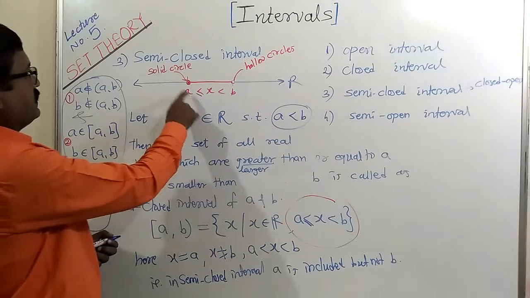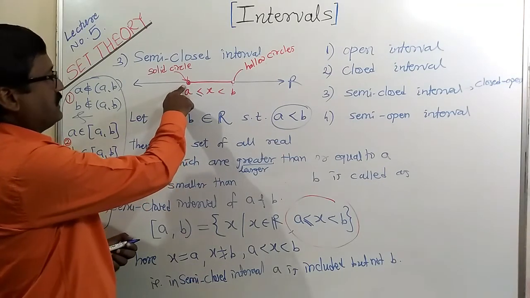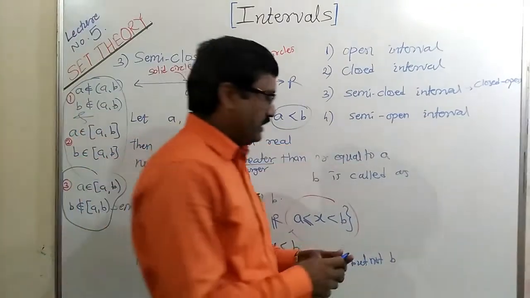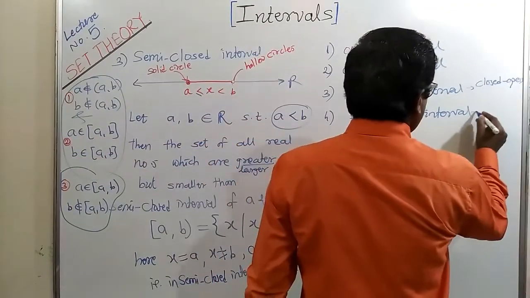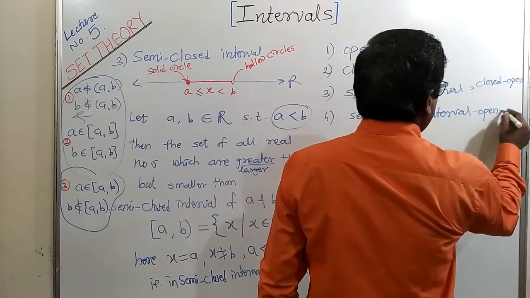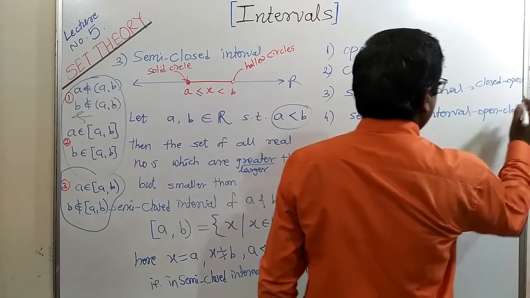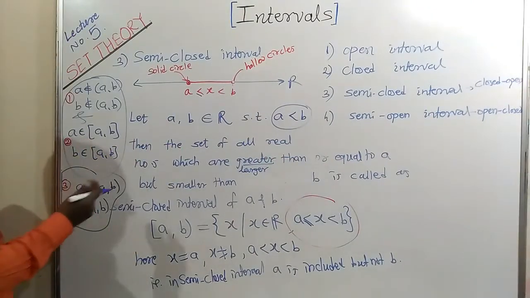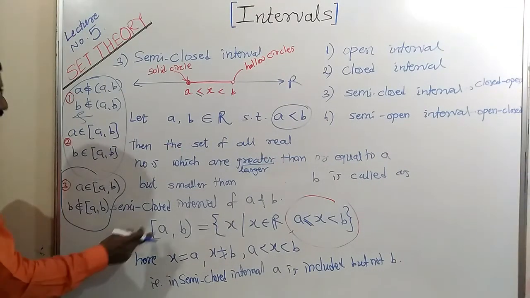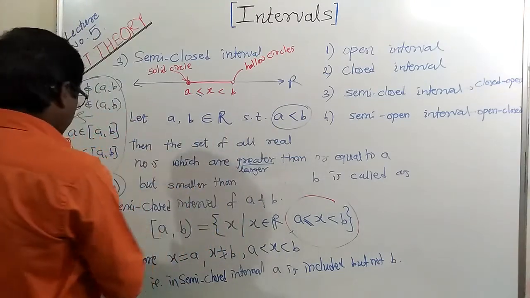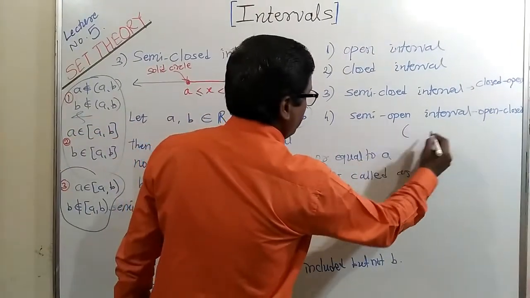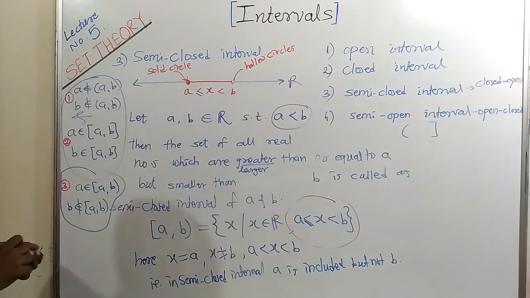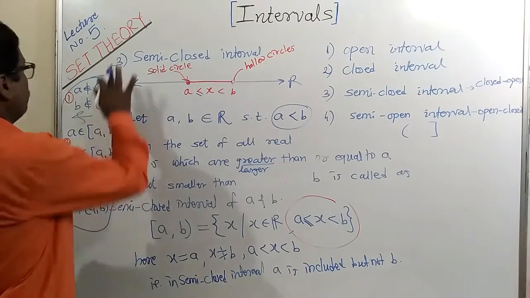This is the way to represent the semi-closed interval, closed open, and the last type is the semi-open interval. It is also known as the open close interval. Semi-open means half the portion is open and it is given first. So that set is of the fourth type. It is open close.